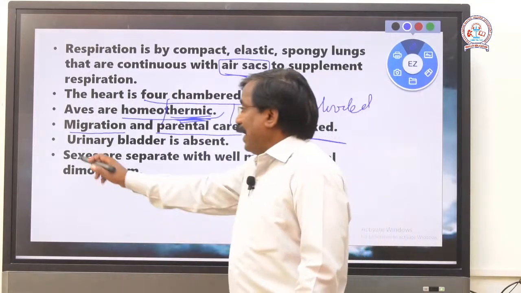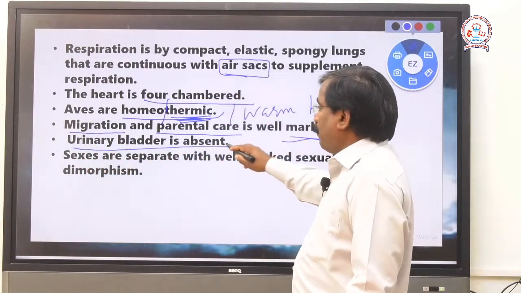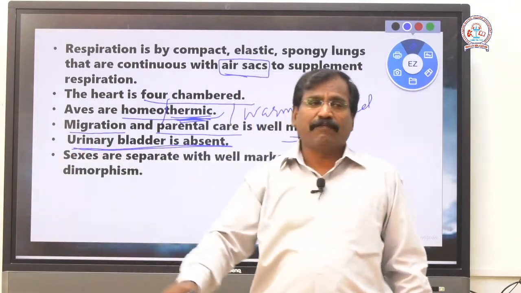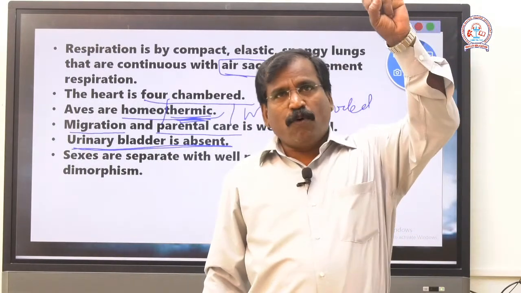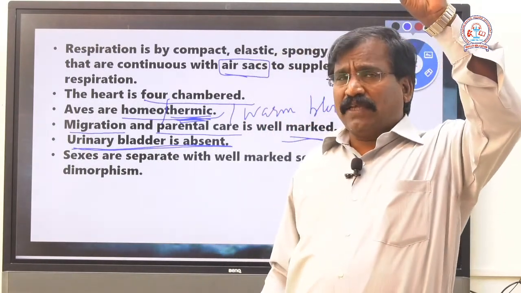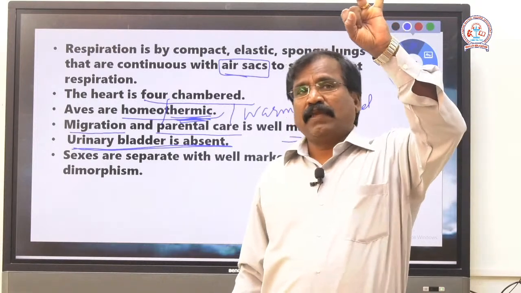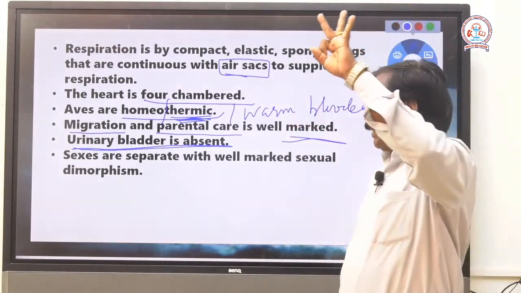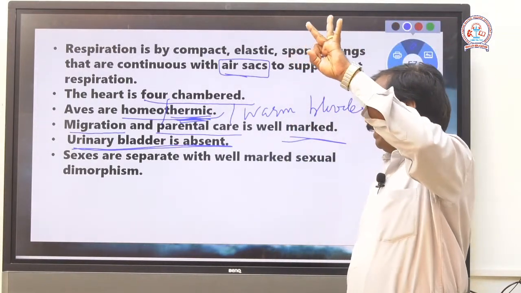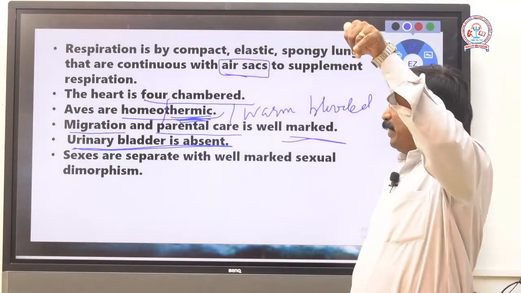Urinary bladder absent. Then next is the flight adaptation. Distinguishing features: pneumatic bones, air sacs, migration, parental care well developed, urinary bladder absent.